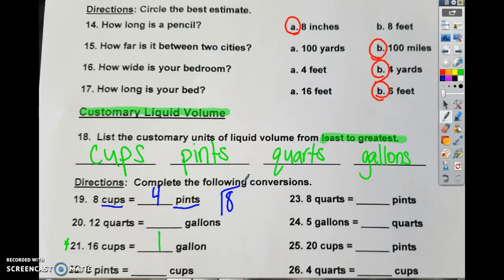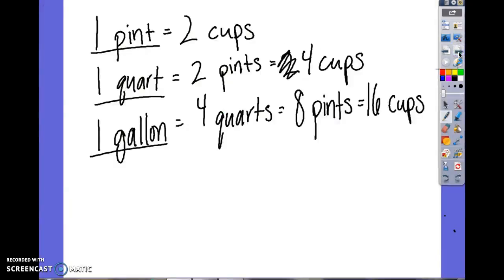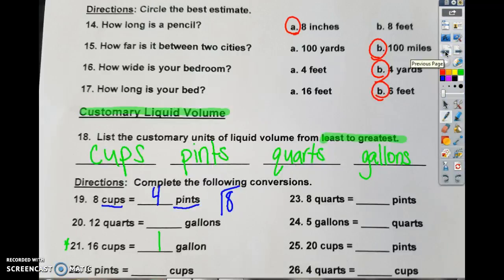Well, how many cups are in 1 pint? That's what I need to know. Okay? And here I see there are 2 cups in 1 pint. So I'm going to divide by 2. And I'm going to get the answer of 4.